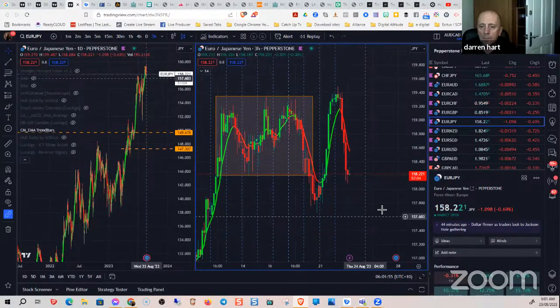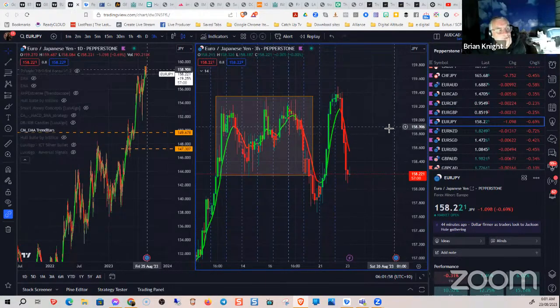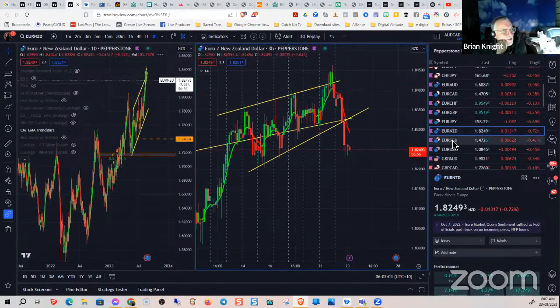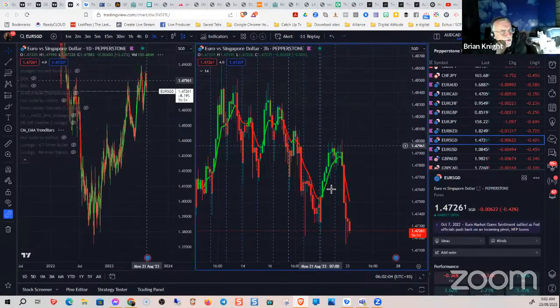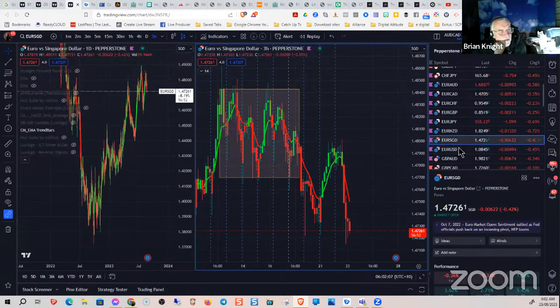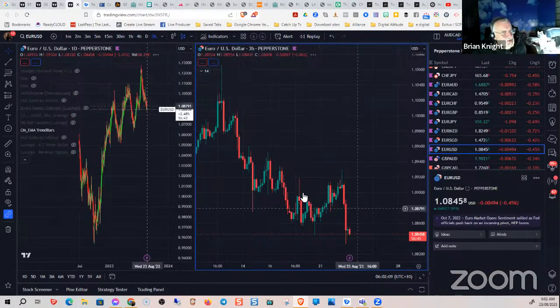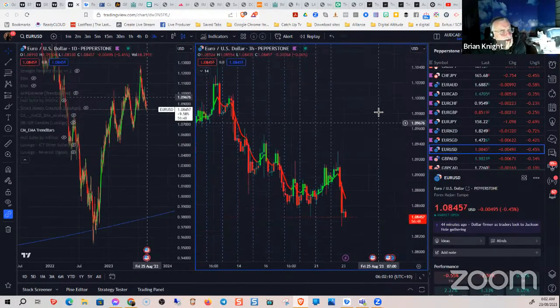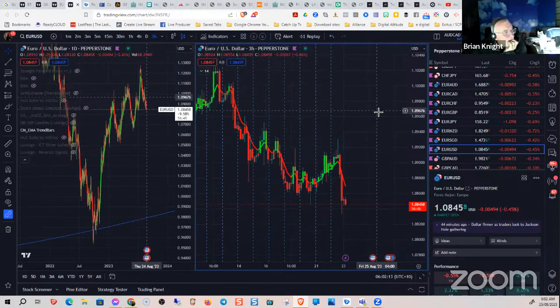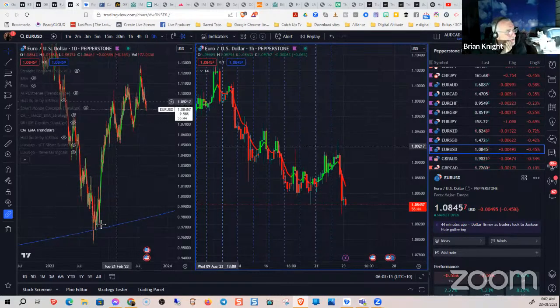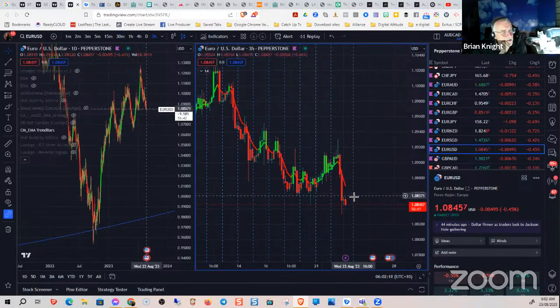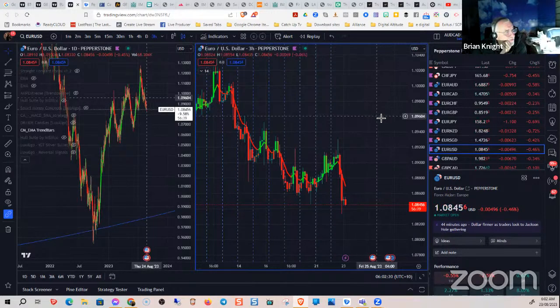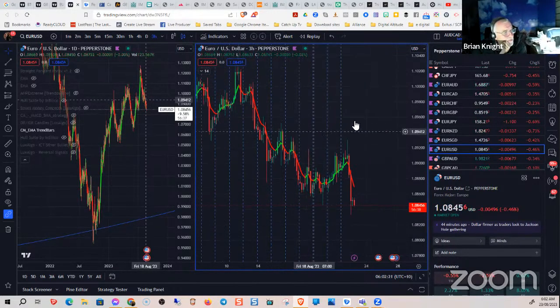It's just doing more sort of MWs, and you can see the Euro NZD pull back. There's Singapore as well. So the euro has weakened off against all the currencies at the moment. But it doesn't mean that the overall trend is changing though.